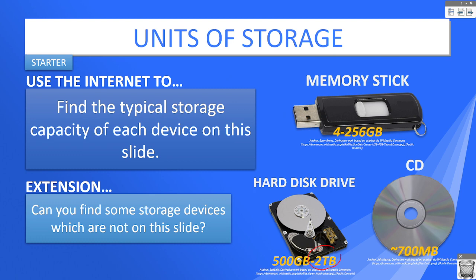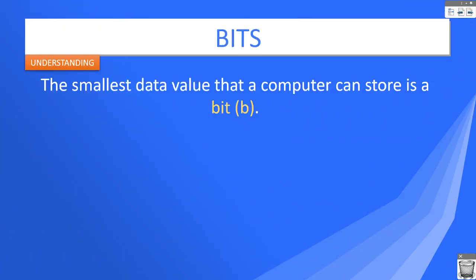It's more around the 8 terabyte range now for servers. And there we go. Solid states, DVDs, Blu-rays. Okay, they are all very good prime examples of some of these units of storage.